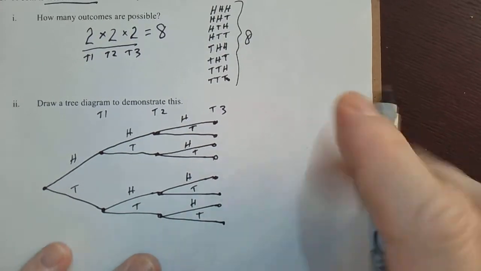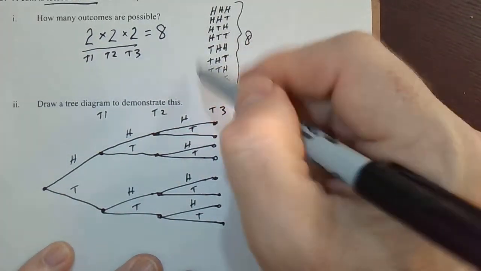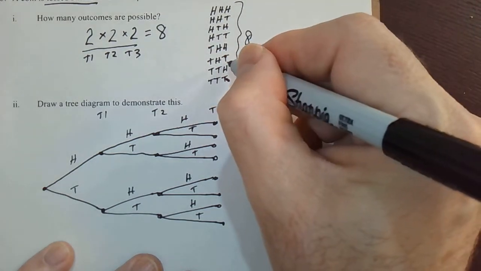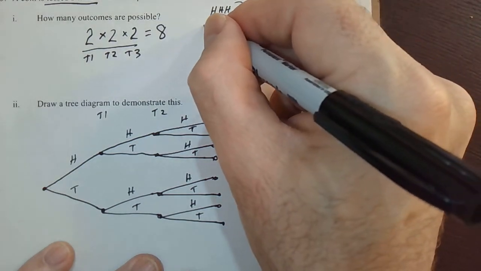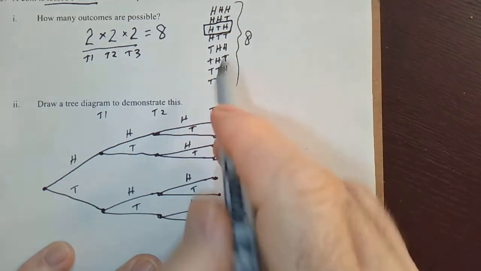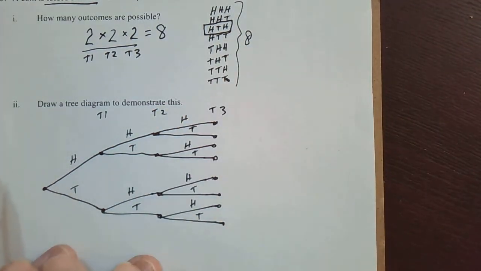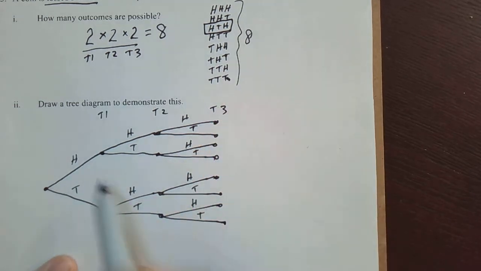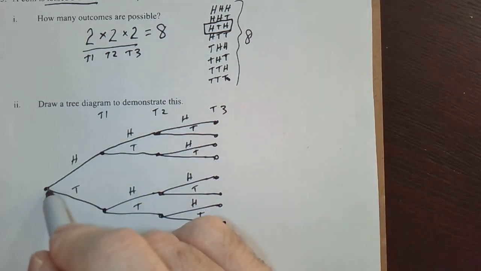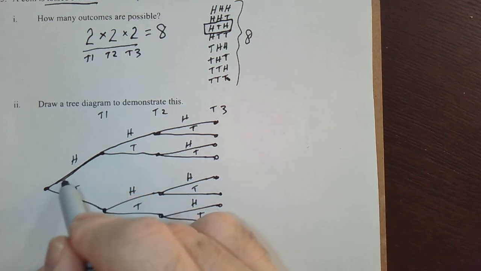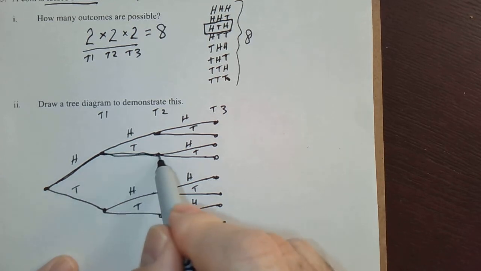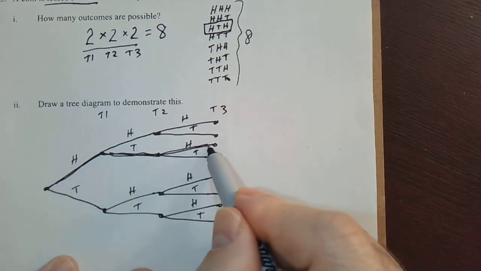And once again, see where I wrote all of these out? Let me just pick one. Let's pick this. Which path represents HTH? Which path in this tree going left to right? HTH means we go from here, we'd go H first, then a T, then an H.